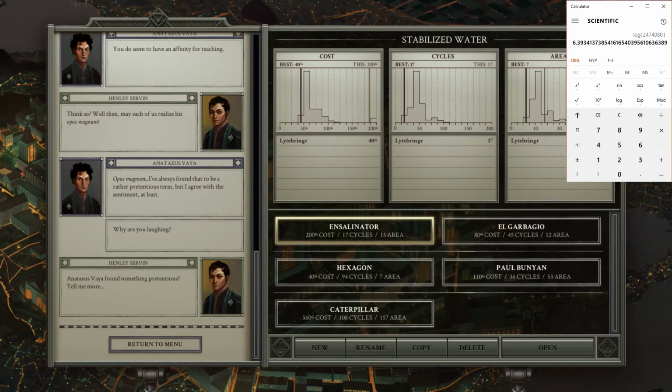And then if we're really crazy, we can look at the caterpillar, which is an objectively bad solution. 560 times 108 times 108 times 157. Yikes. We're in the billions now. Take the log. It's 9. That's the beauty of logs. When things get absurdly large, the log of it is still relatively small.